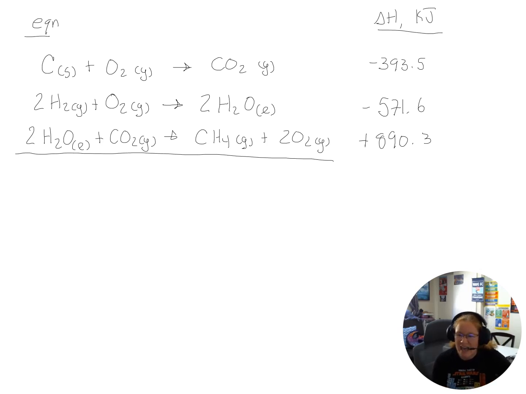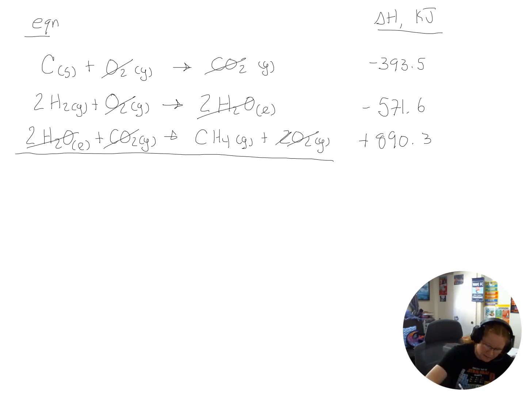All right, now before I sum up my delta H values, I'm going to make sure that I did this all correctly and I do get my target equation. All right, so here I've got an oxygen on the reactant side and 2 oxygens on the product side. I have another oxygen. I'll get rid of that. Okay, here I have a carbon dioxide on the product side and a carbon dioxide on the reactant side. Okay, and then I have 2 waters and 2 waters. So remember, our target equation was a solid carbon plus 2 hydrogen gas gives us methane.